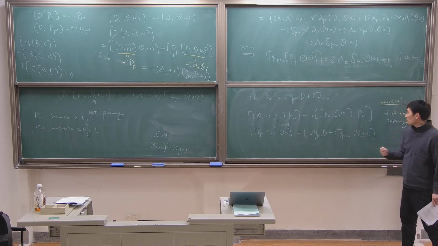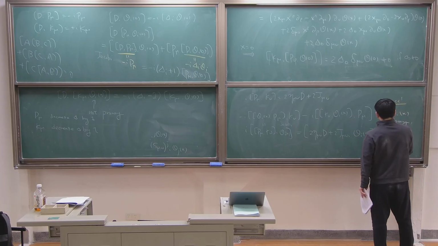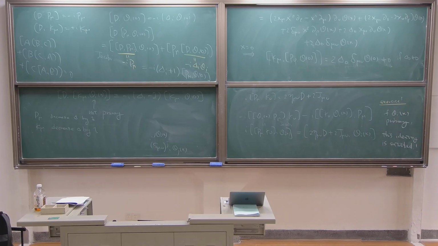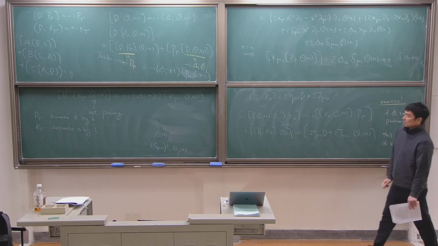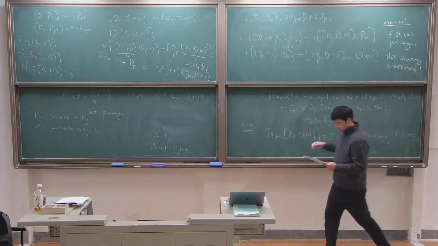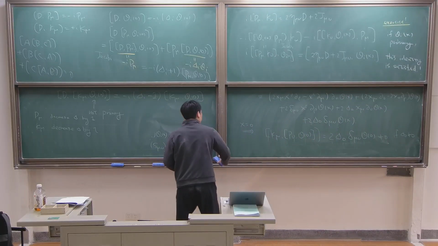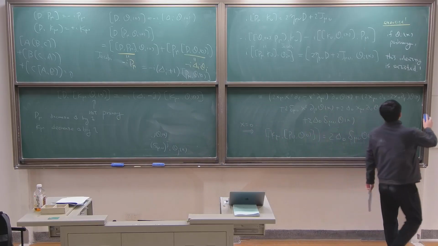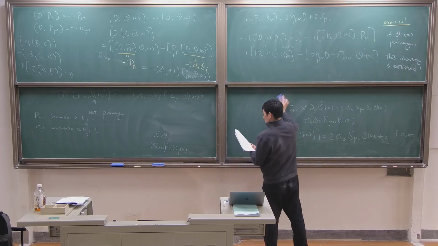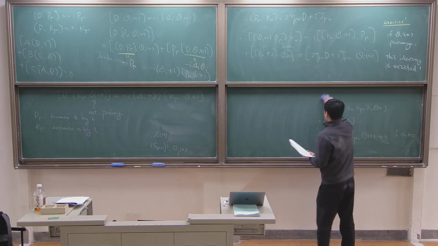That's the definition of a primary operator, and this identity is satisfied. That's the exercise you need to do. That's what I wanted to explain. Fine, so that's how this generator of conformal transformations acts on the state.